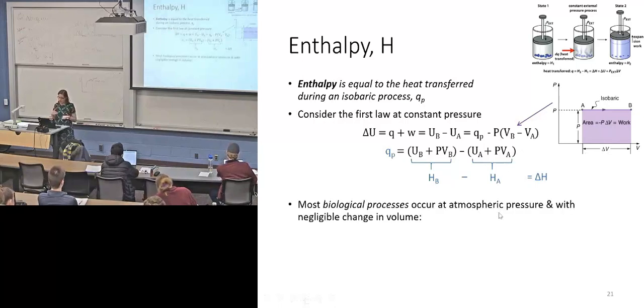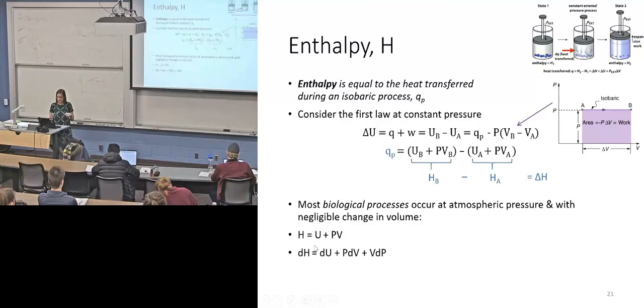Most biological processes occur at atmospheric pressure and with negligible changes in volume. Meaning that our equation for enthalpy, we can write it out in a differential form as dH equal to dU plus PdV plus VdP, but both of those last two terms are going to drop out.